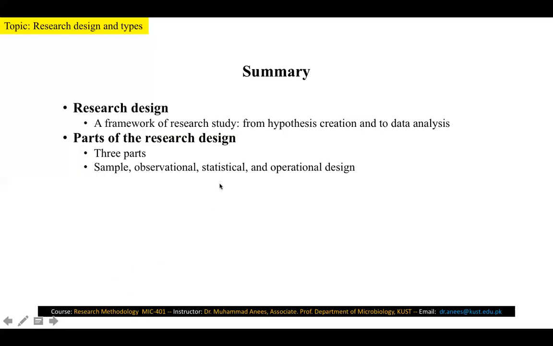So these are 3 major parts that we do: sampling design, observational design, and statistical design. And the final part is to operationalize all these 3 parts, and this makes our research design.